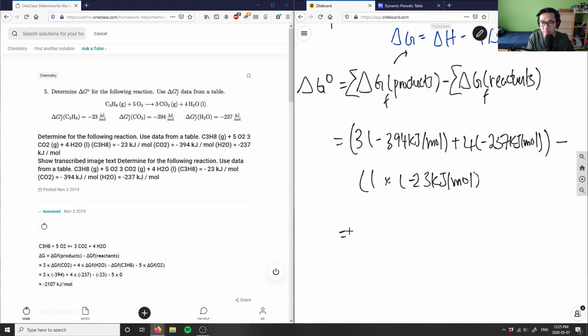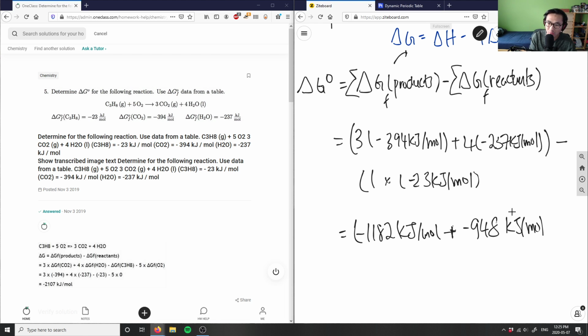So on my calculator, I'm doing 3 times negative 394, which gives me negative 1,182 kilojoules per mole, plus 4 times negative 237, which is negative 948. I'm going to add both of these up, and then subtract negative 23 kilojoules per mole.